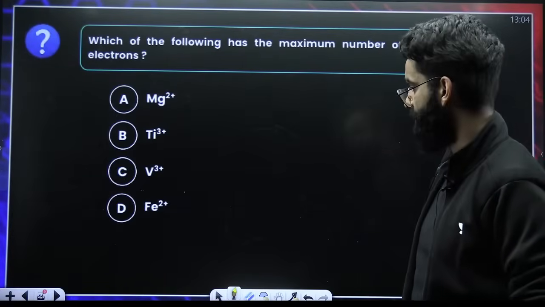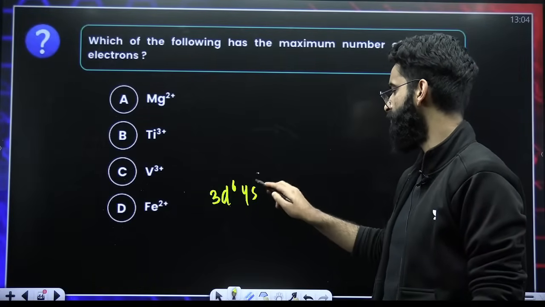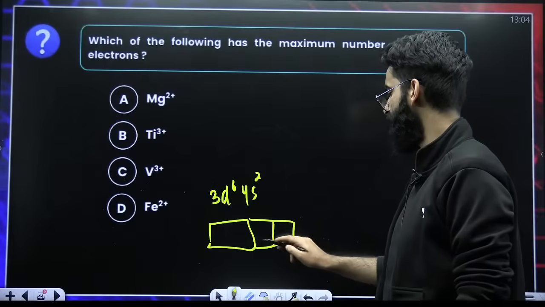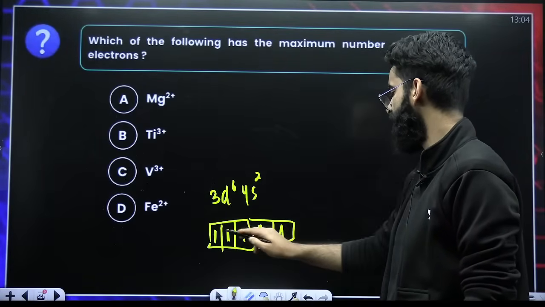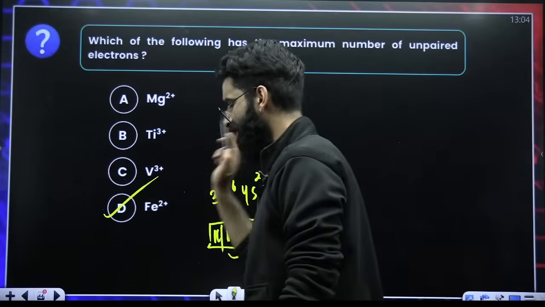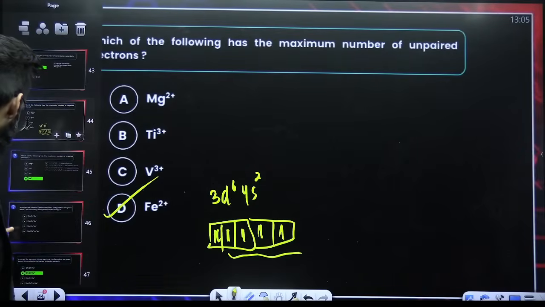If you look at Fe di-positive, iron has 3d6 4s2. So take 2 electrons out, it is 3d6. 1, 2, 3, 4, 5, 6. So 4 unpaired electrons here. Similarly, you can check the rest. This will have maximum unpaired electrons here.